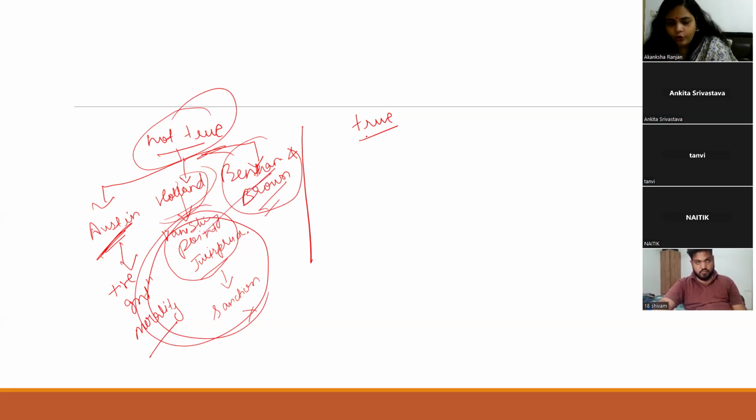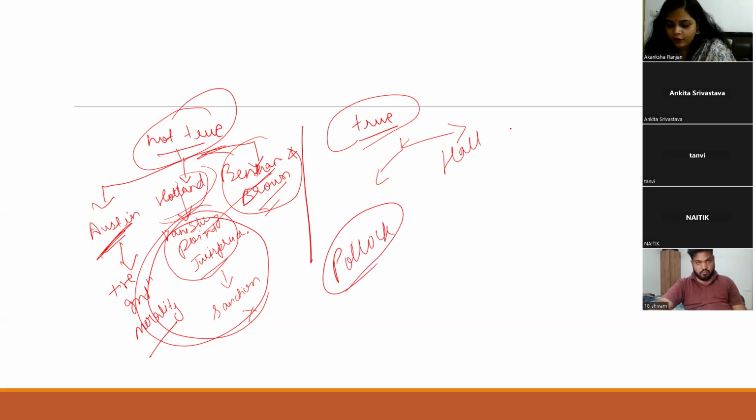Then true law. Who has said that it is a true law? There are two people. One is Bullock. Second is Hall and Lawrence. These two people have said that international law is a true law.